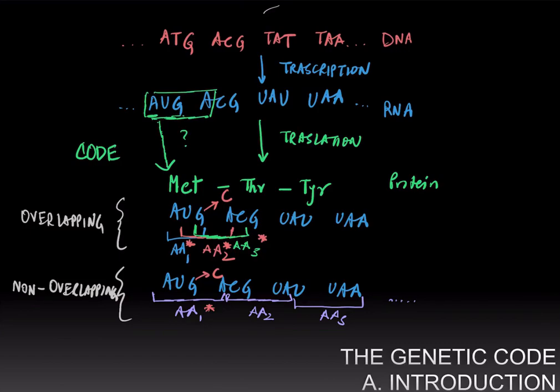Whereas in the non-overlapping case, you expect only one amino acid to be affected, which is in fact known to be true: when you have substitution mutations, only one amino acid is changed, thus establishing that the genetic code is non-overlapping. The next question is, how long is the genetic code?